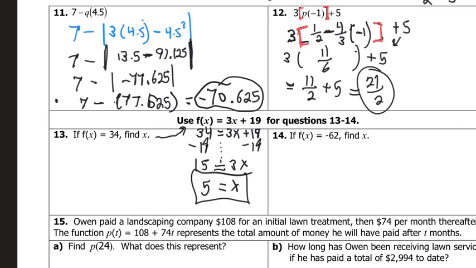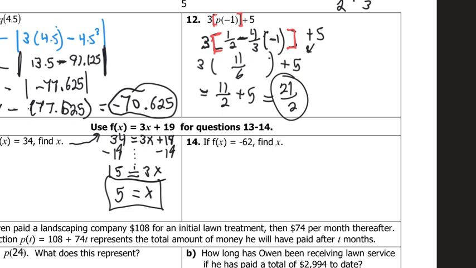Okay. This one, if f of x is negative 62, if the answer is negative 62 in this function, then I have to figure out what is my x, find my x. Negative 62 minus 19 would be negative 81.